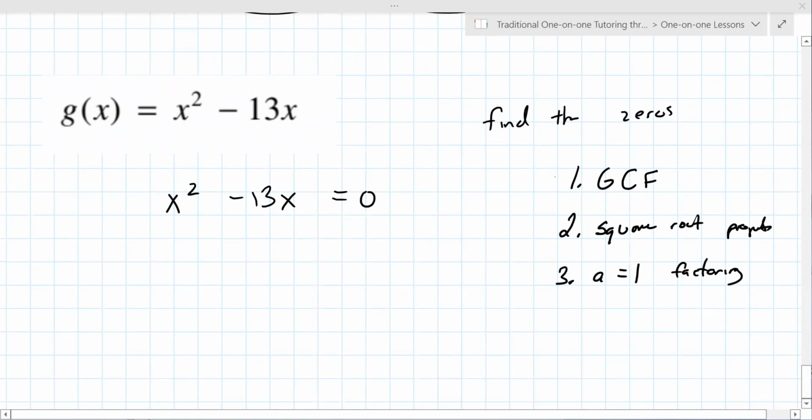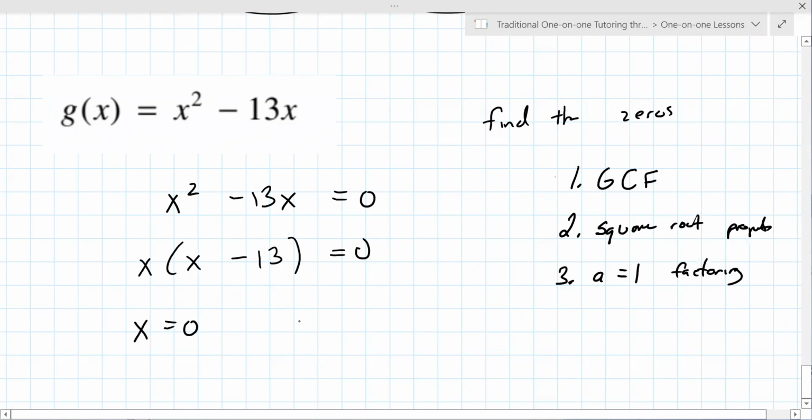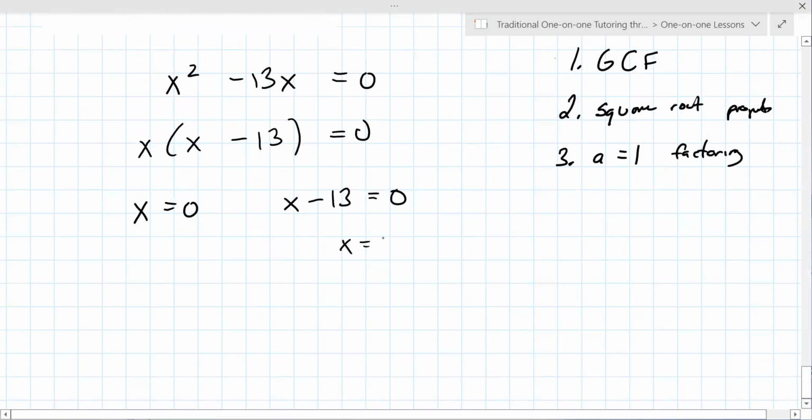X. And then you set them both equal to 0. So X equals 0 and X minus 13 equals 0. So X is 0 or X is 13.